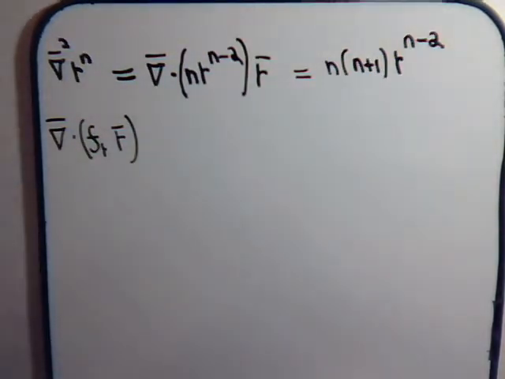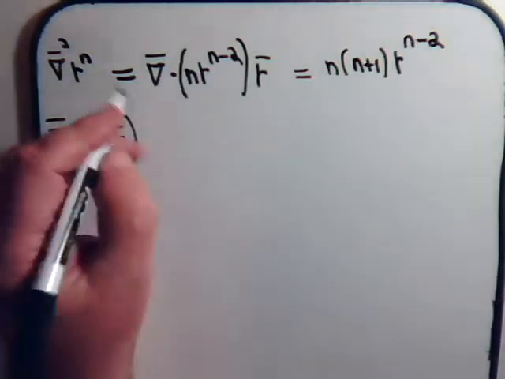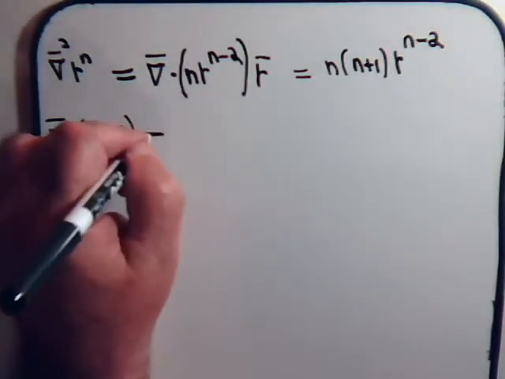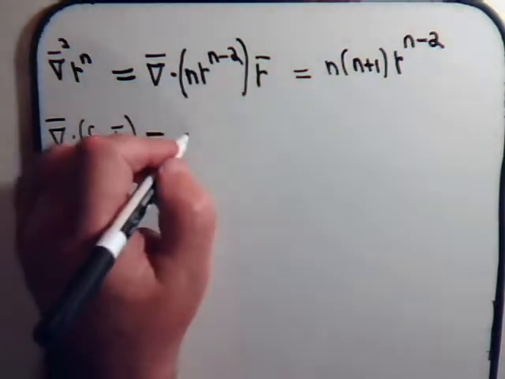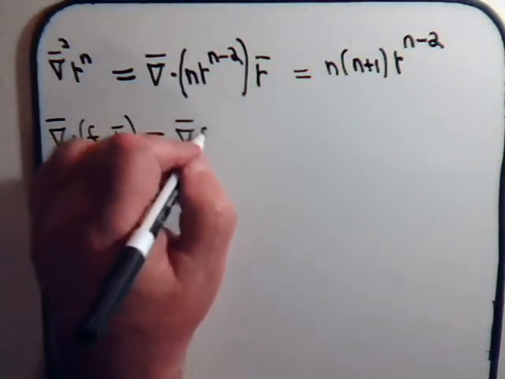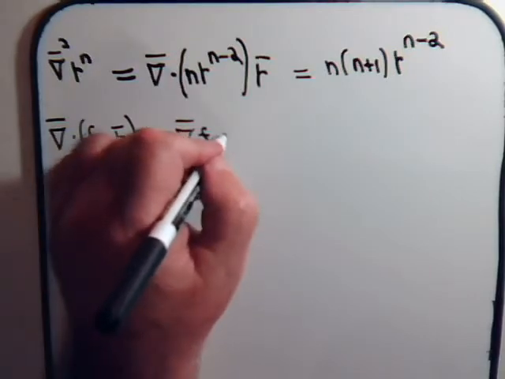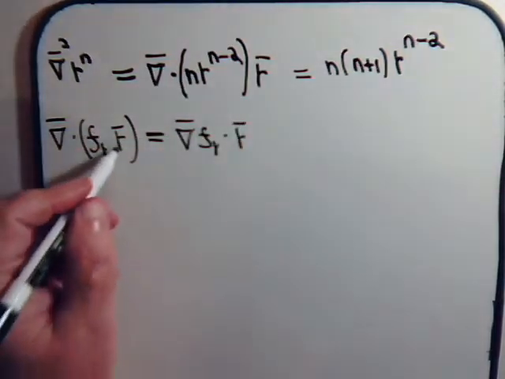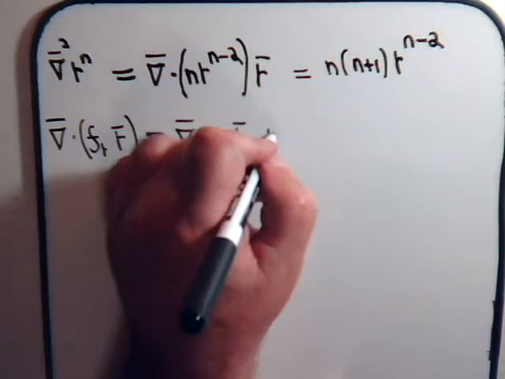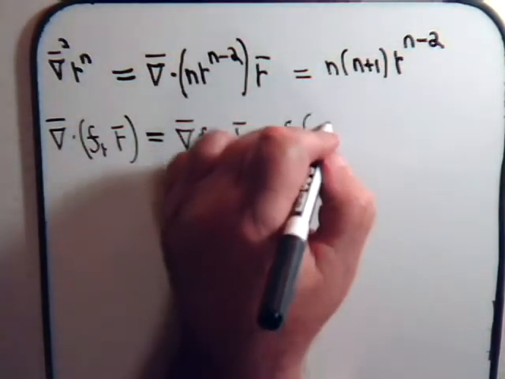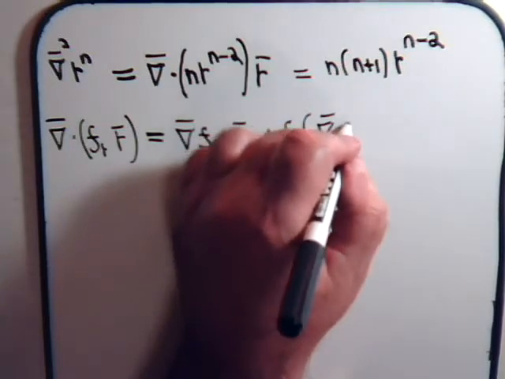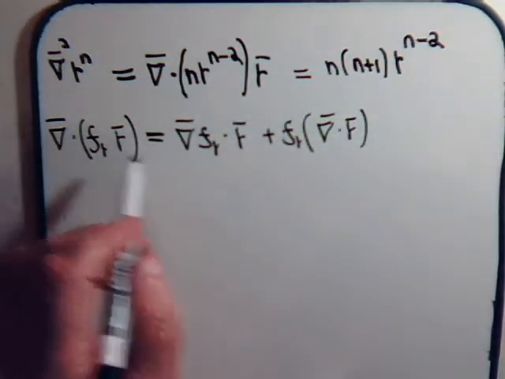If you've watched our previous videos on vector identities, I think this is from the third example, you know that this can be written out like this, where we take the gradient of the scalar, take the dot product of that with this vector, plus the scalar times del dot that particular vector.